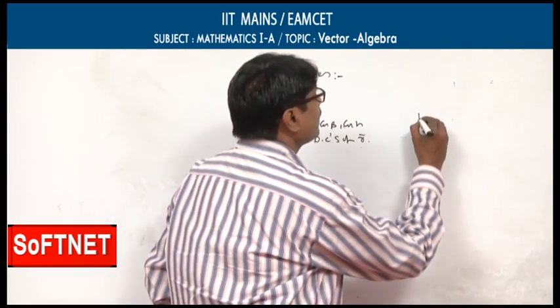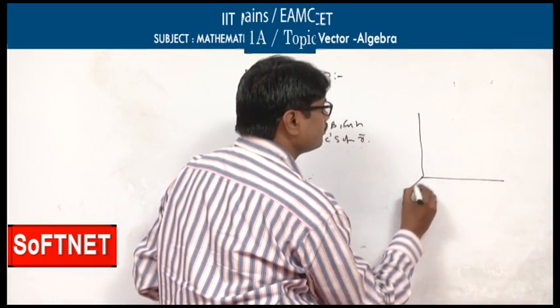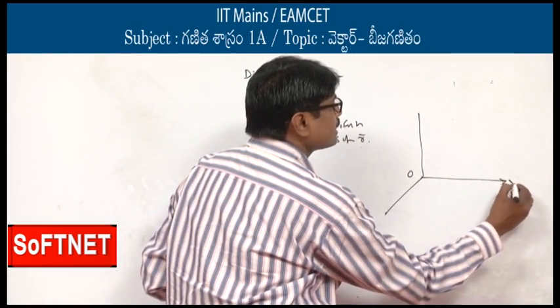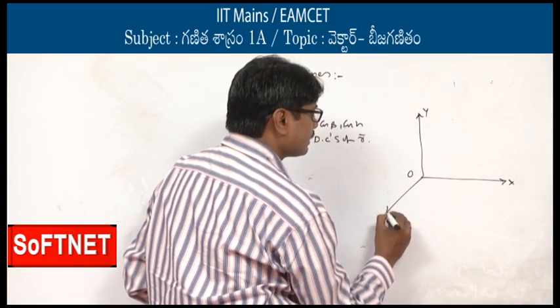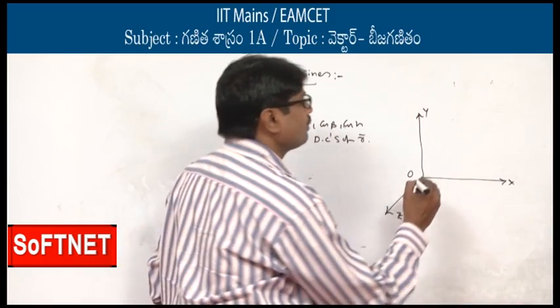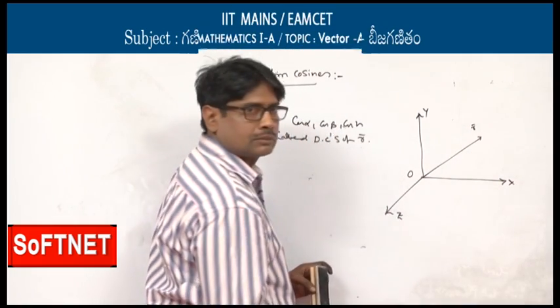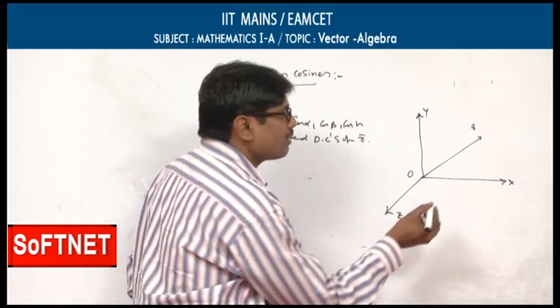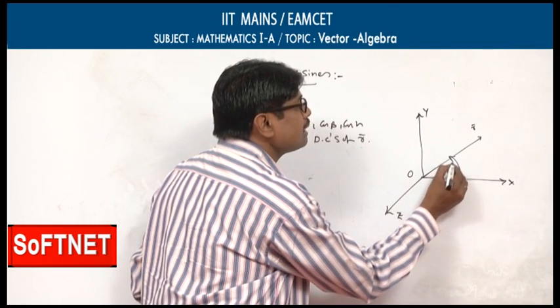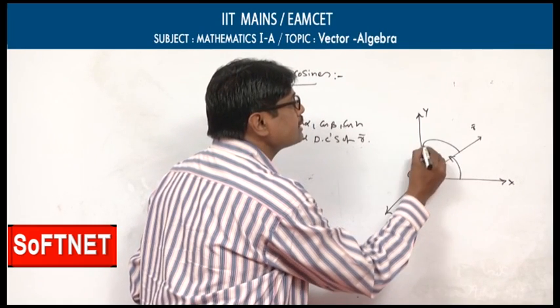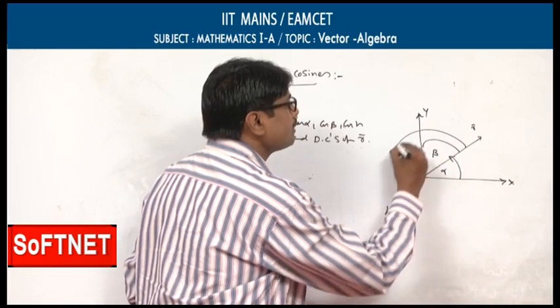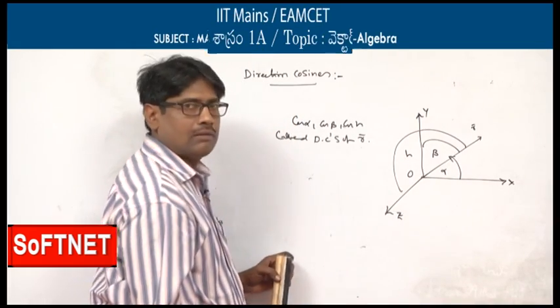For example, take coordinate axes, O the origin, x axis, y axis and z axis, and let OR bar be a vector. Then the angle made by the R bar vector with the x axis is alpha, with the y axis is beta and with the z axis is gamma.